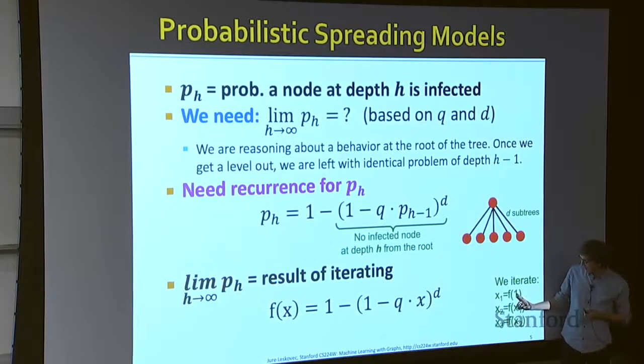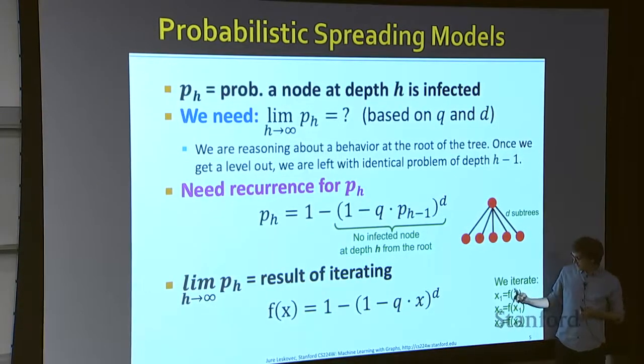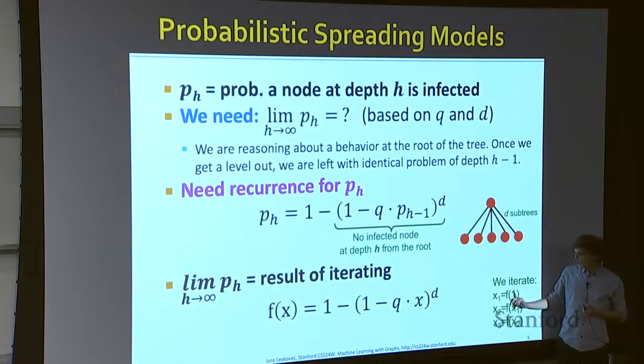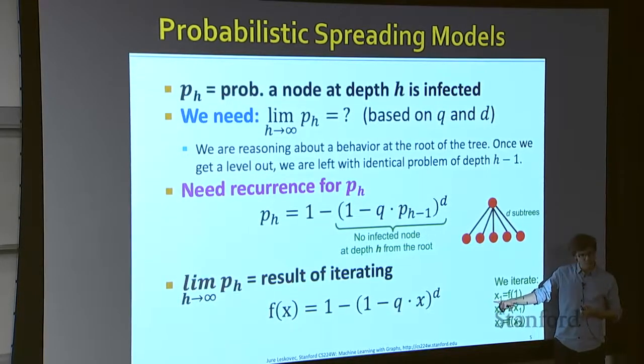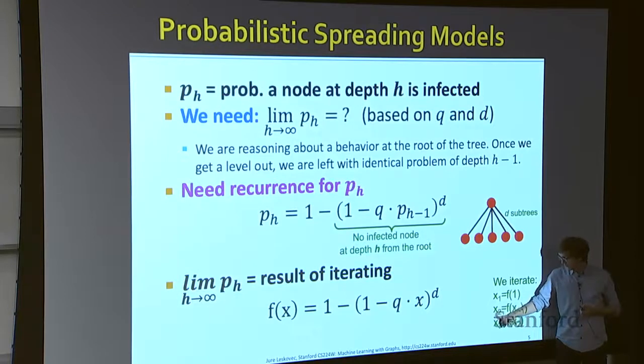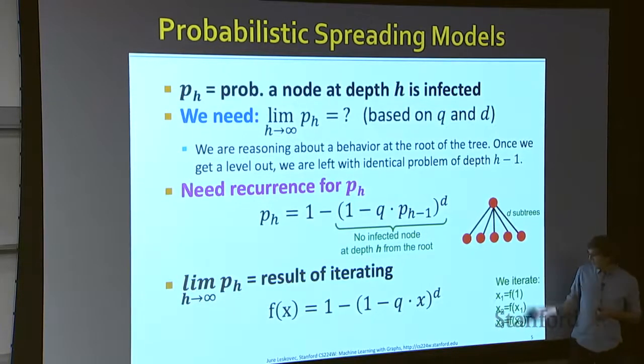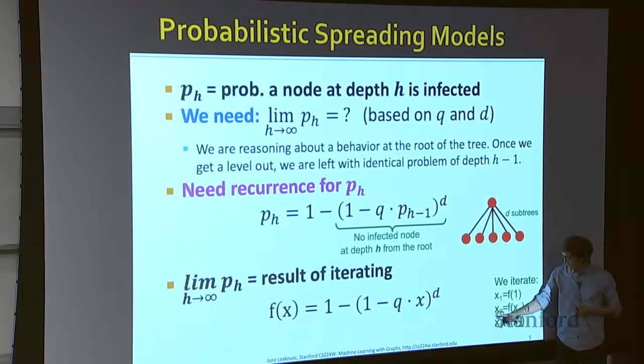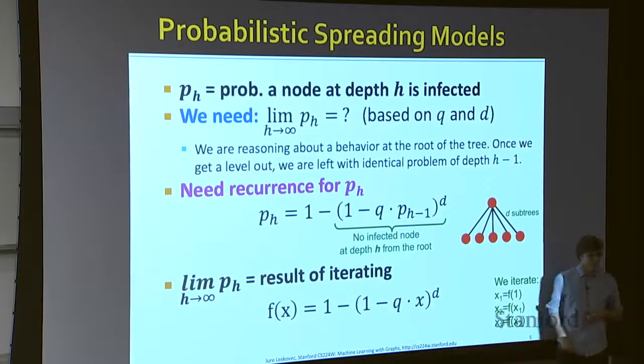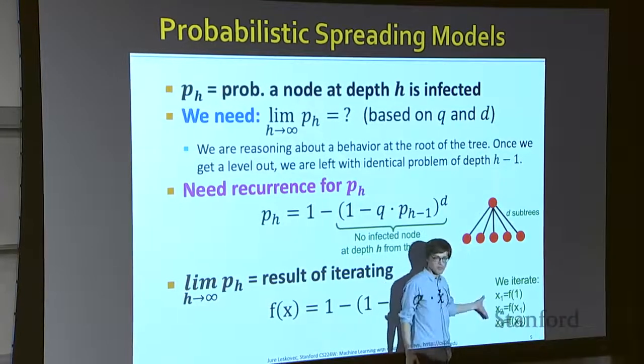Because I go from level 1, this is the probability of having an infected node at level 1. This is now the probability in some sense of getting an infected node at level 2, level 3, level 4, and so on. Or level 0, level 1, level 2, level 3. Okay? Clear what I mean by iterating?